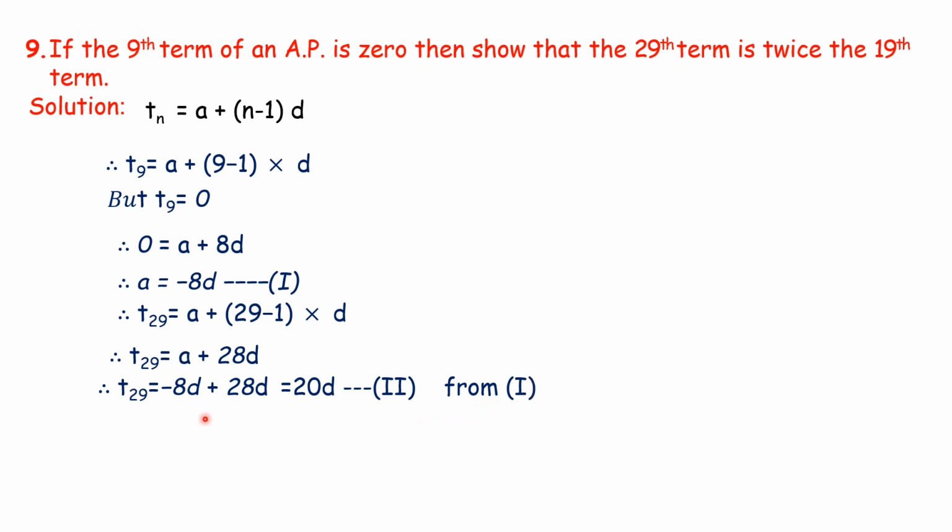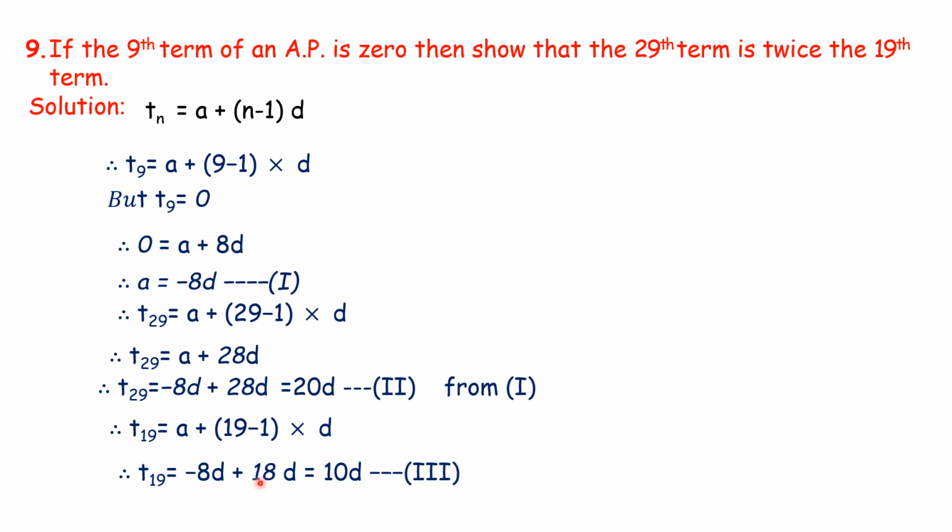Now find the value of the 19th term, that is a plus (19 minus 1) into d. The 19th term is equal to, substituting the value of a, minus 8d plus 18d, which is equal to 10d. This is statement number 3.